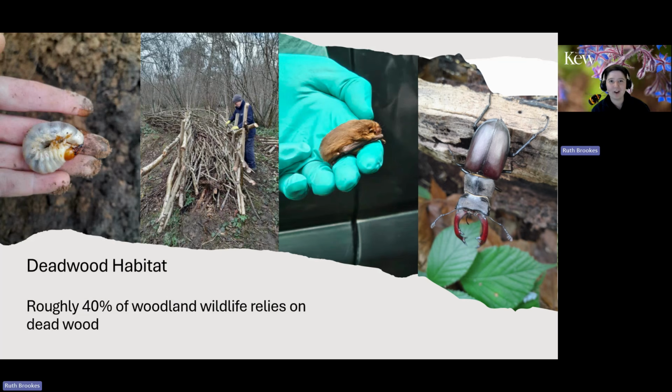You also get the opposite, where creatures like deadwood that's either lying on the ground or buried within the ground. We've got the stag beetle larvae on one side and the adults on the other, and they love a big chunk of deadwood that's buried underground. The larvae will live within that wood, chewing through it for up to 7 years.